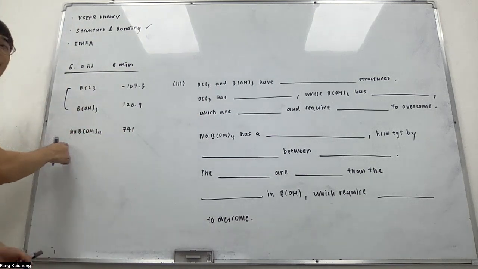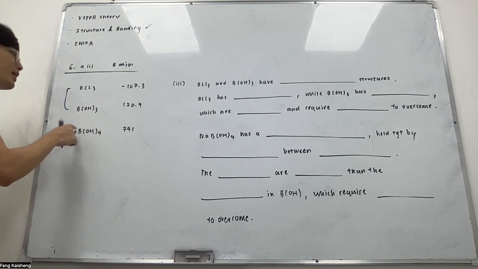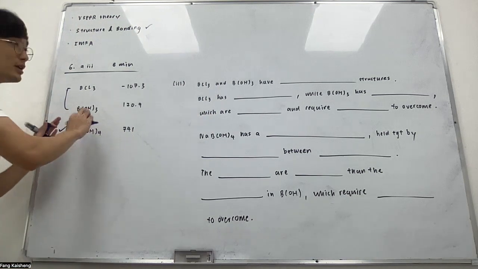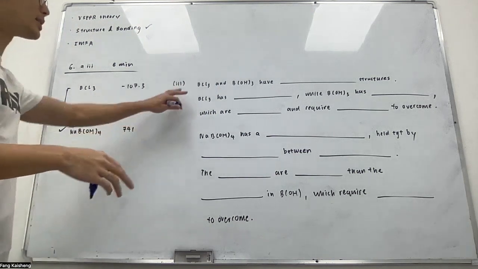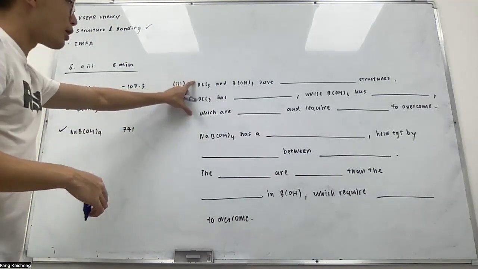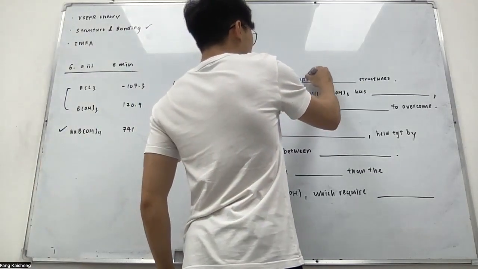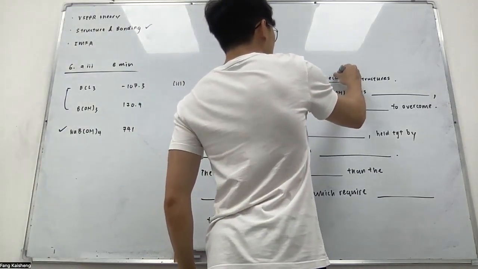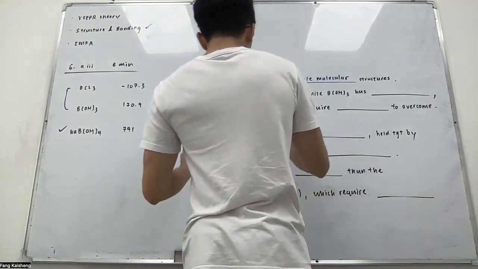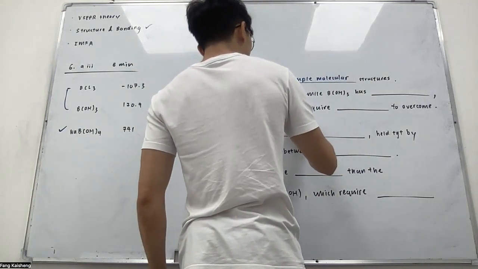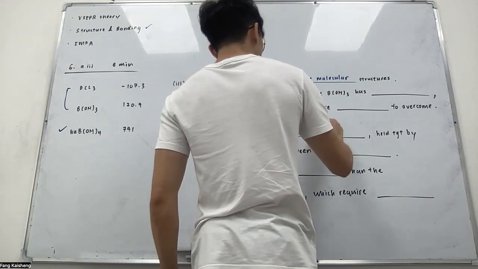But then this one is a giant ionic lattice, so it is a special structure that can be discussed by itself. That's how you can see my answer split into 2 paragraphs. The first paragraph is on BCl3 and B(OH)3, which both have simple molecular structures. Then the next paragraph is on the giant ionic lattice for NaB(OH)4.